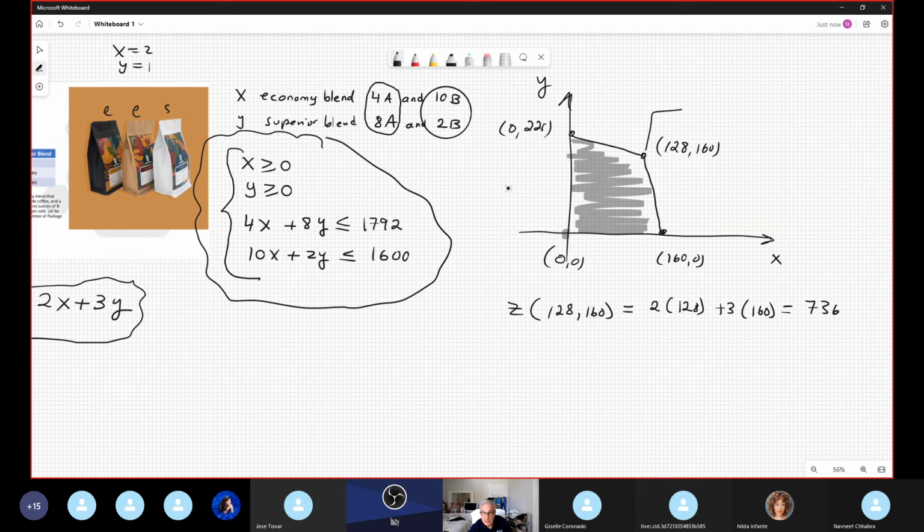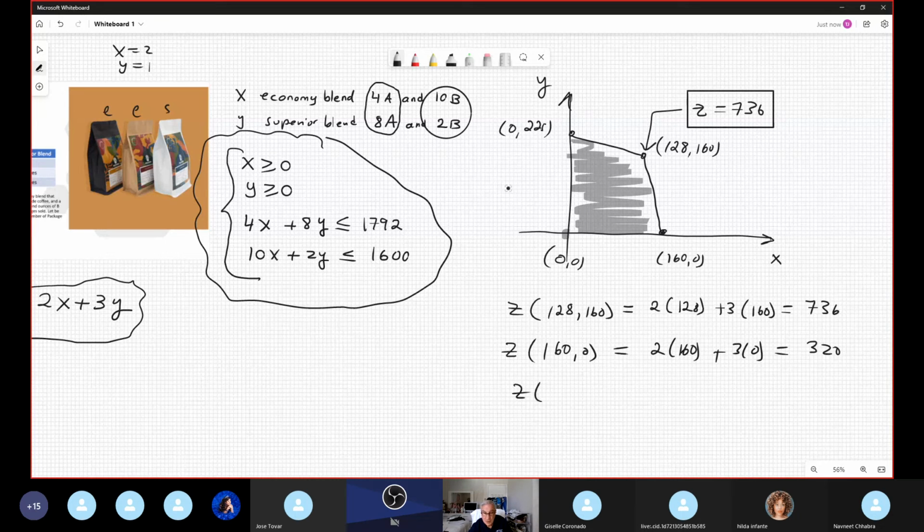Here, the C value is 736. Okay, it's good. But I don't know if it's the best or not. Evaluate 160,0: it's 2 times 160 plus 3 times 0. So no superior. It's obvious that the answer is 320.